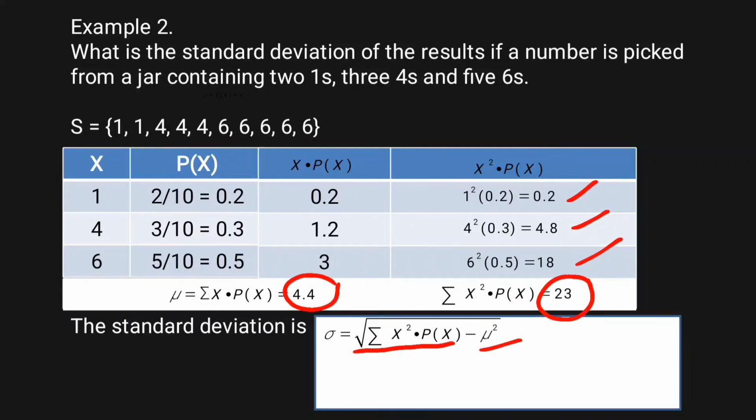Substitute the given: square root of 23 minus 4.4 squared. Using the calculator, we have the square root of 3.64. The 3.64 is our variance. But since we are only looking for the standard deviation, get the square root of 3.64.